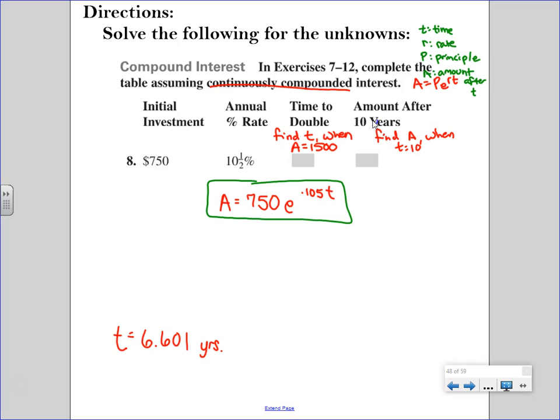I'll show you the work that gets there in just a second, but I have the answer waiting just in case you want to see. And the second answer is waiting just in case you're ready.